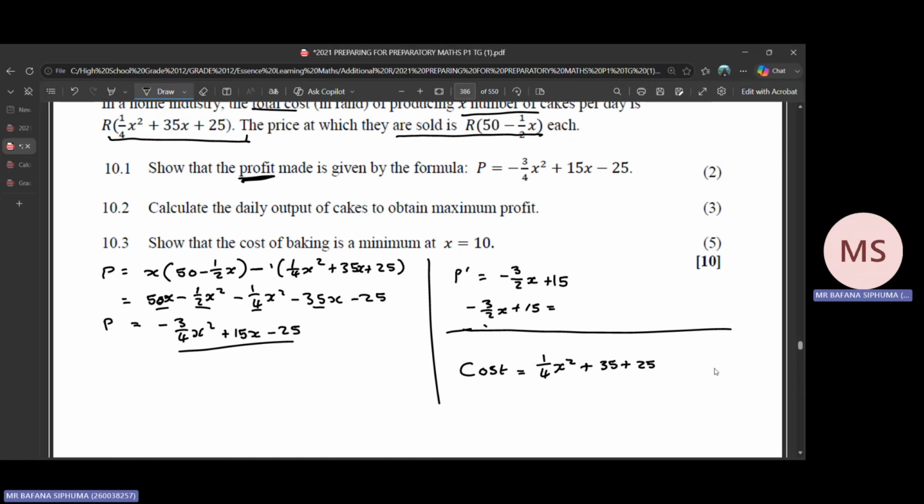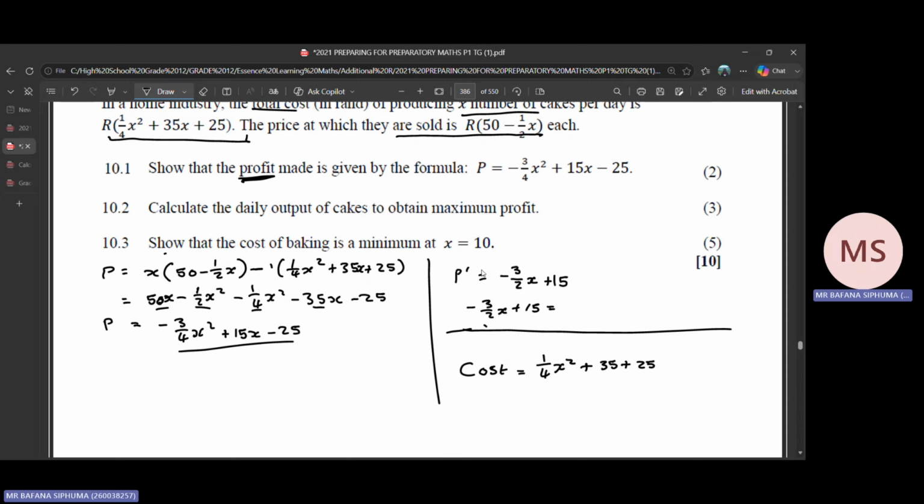So my question to you, what do you think will happen if I divide this by x? x is the number of scones. They said show that the cost of baking is minimum at 10.